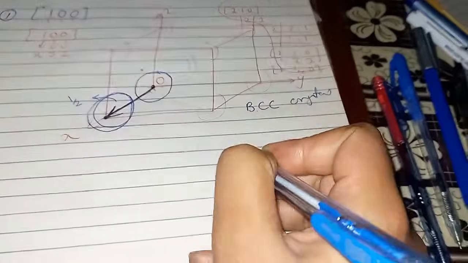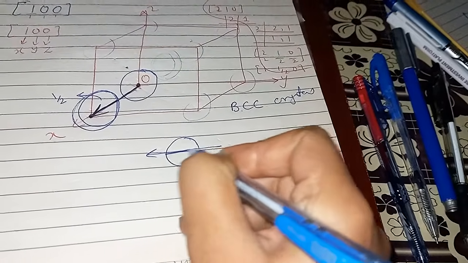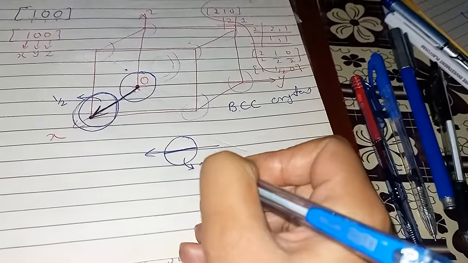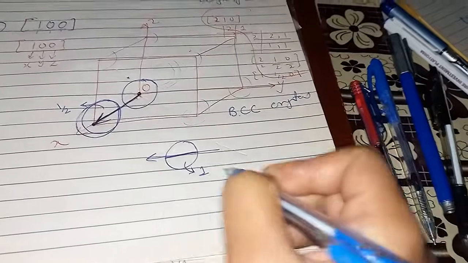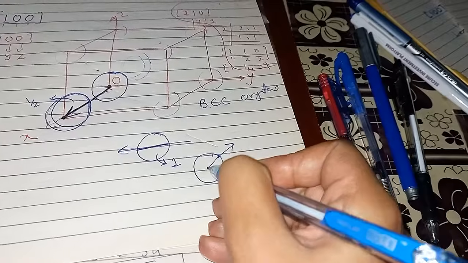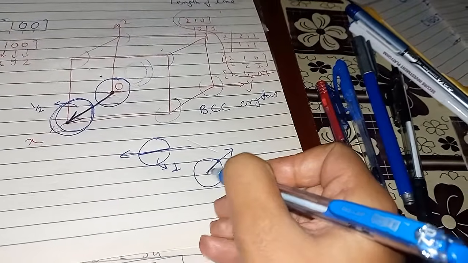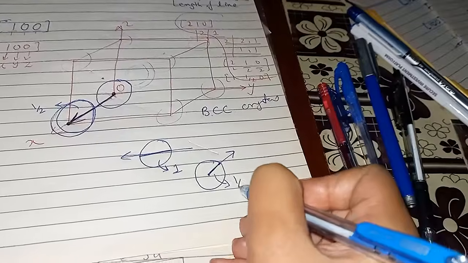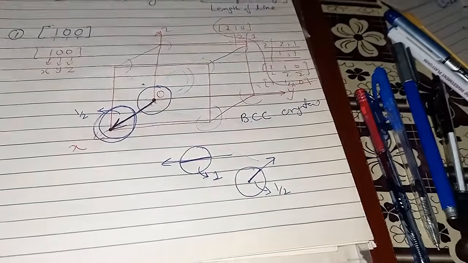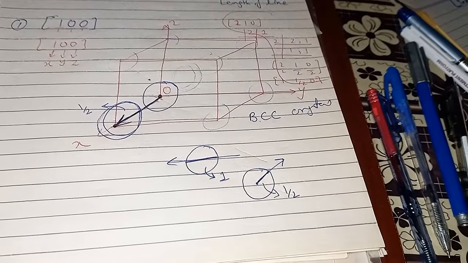If the whole atom's diameter is lying on the line, then its contribution is taken to be 1. But if from the center to the edge point, if the atom's half diameter is within the line, then we consider its contribution as 1 by 2. So it depends upon which fraction of the diameter is lying on the line.